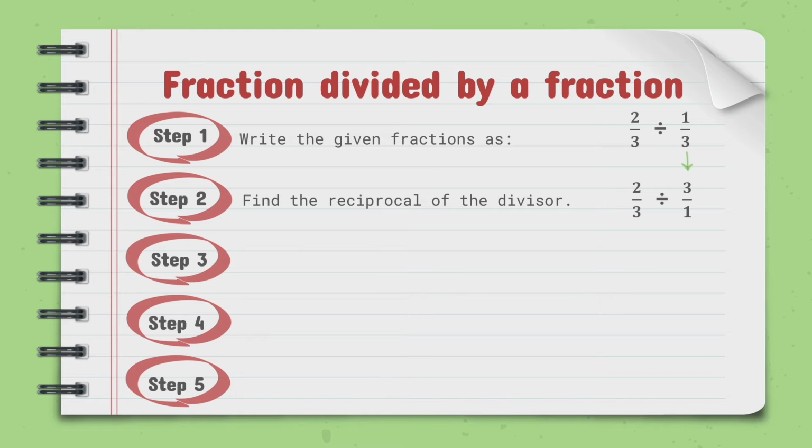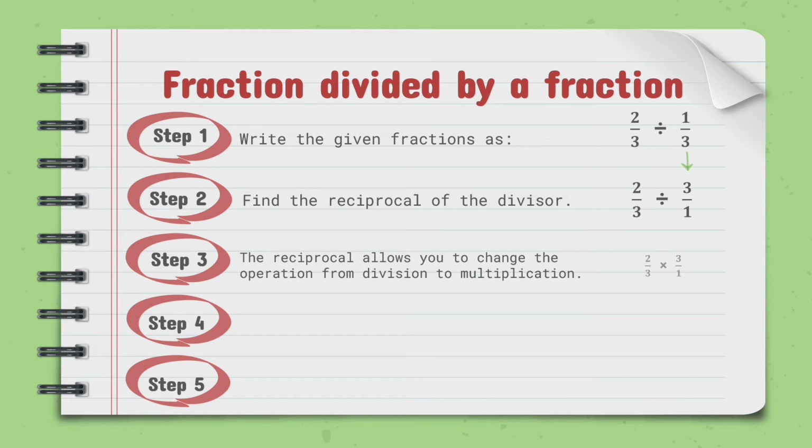Step 3, the reciprocal allows you to change the operation from division to multiplication. So from division, it becomes multiplication: 2 over 3 times 3 over 1.